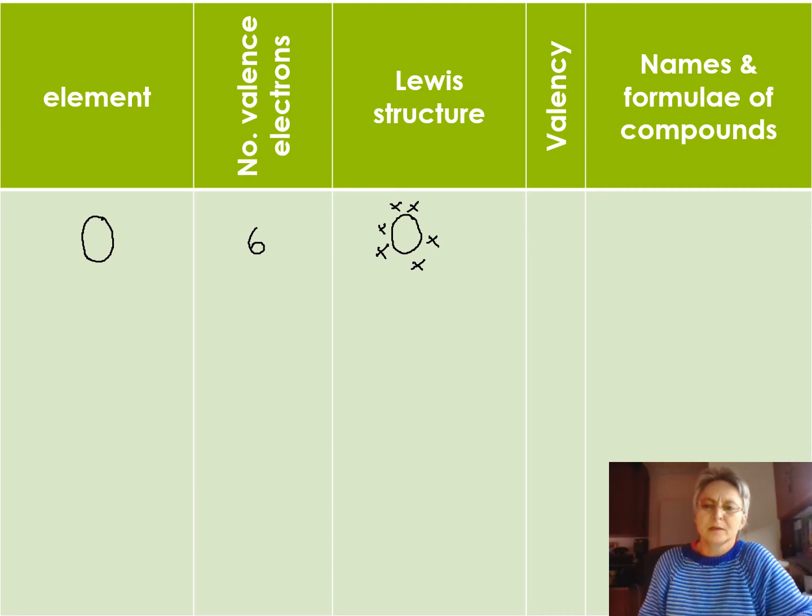There are 2 places where electrons can be shared to get 2 electrons. So there and there you have places for sharing electrons. Places for sharing electrons would mean that bonds are forming there. So there are 2 places, so the valency of oxygen is 2. It means oxygen can form 2 bonds.